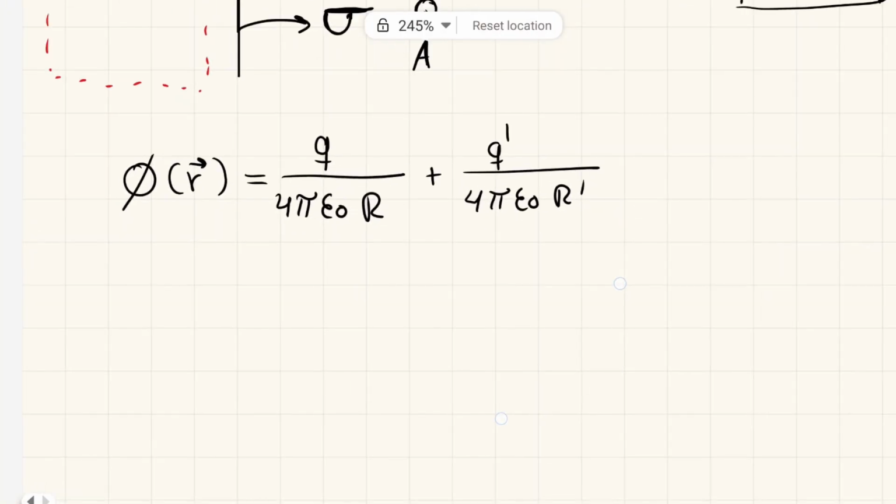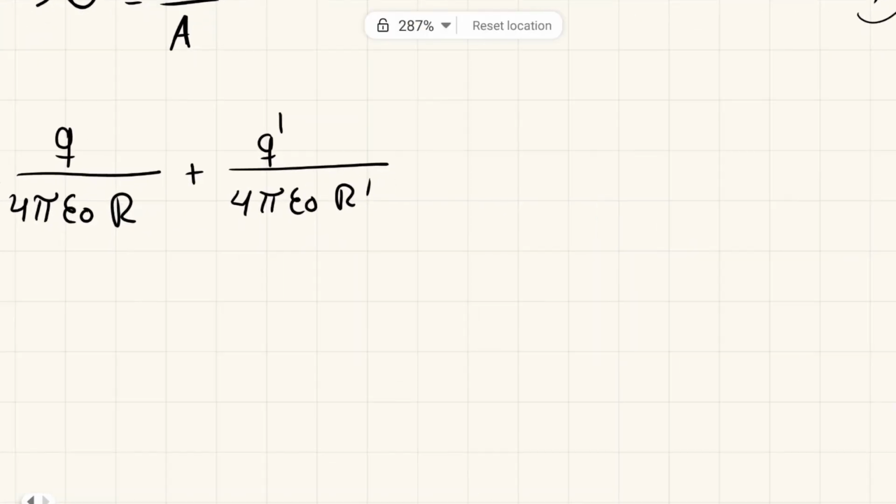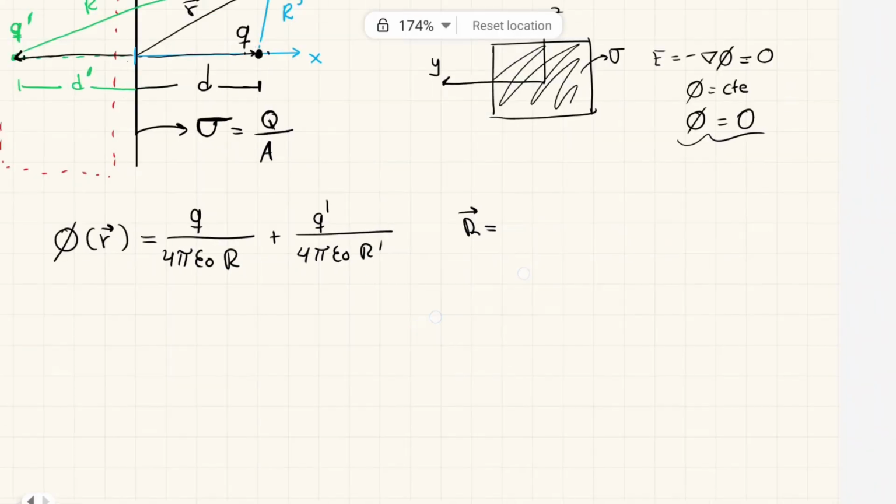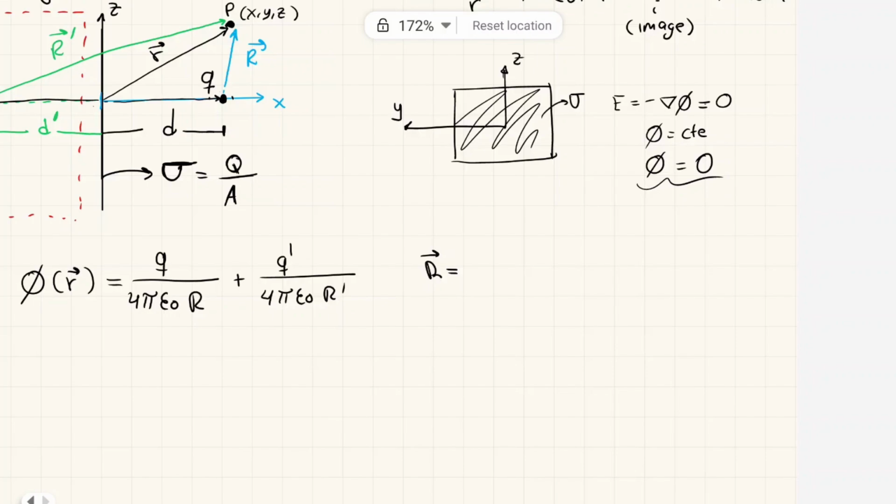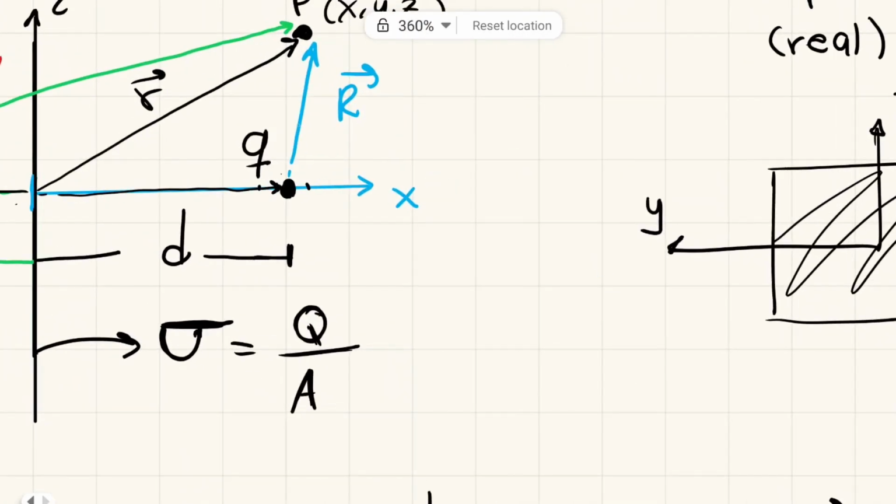Perfect. So what happens with this? We need to realize that R can be easily found. We know that there is this relation here, R equals little r minus d x. It is very easy to notice that if we sum this vector R with this vector d in the x direction, we will get this little r vector.